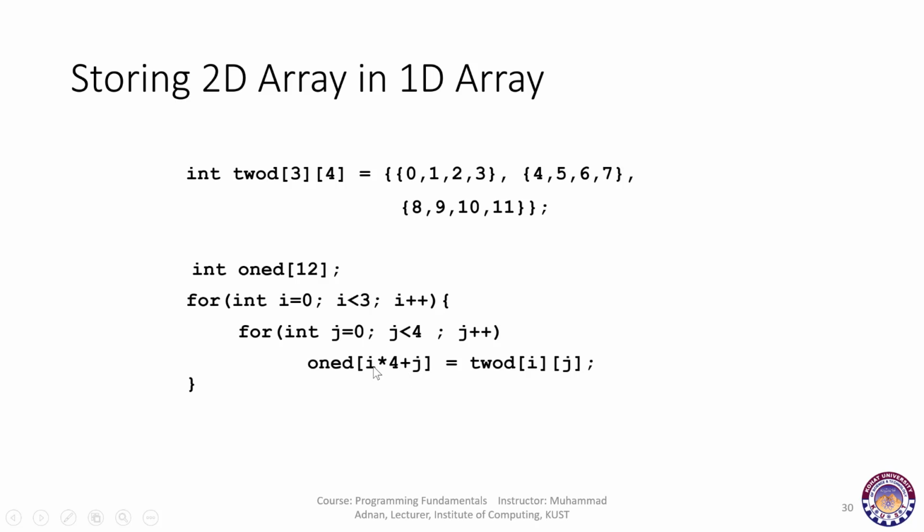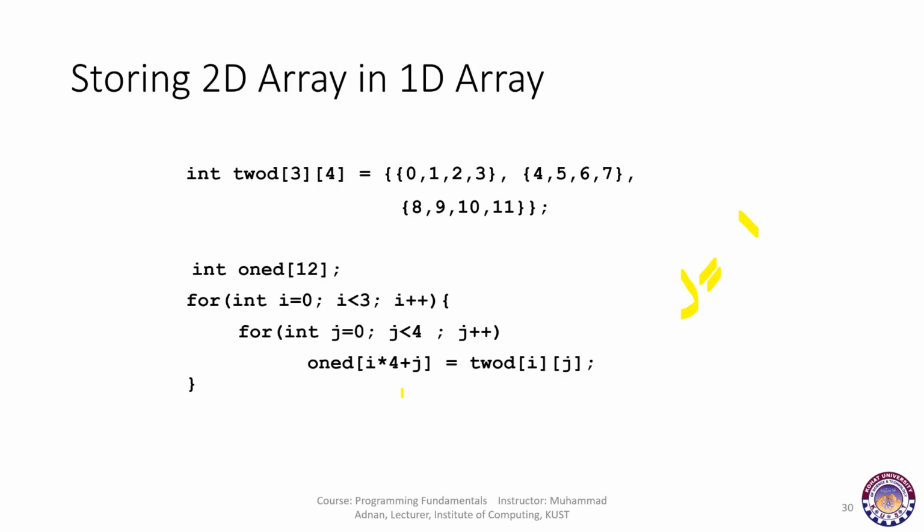Because 0 multiplied by 4 is 0, and j has a value of 0, it means at location 0 we store the value of 2D array i and j. So we store the value 0, and then we move back to the inner loop and increment the value of j. j is still less than 4 because j now has the value of 1.